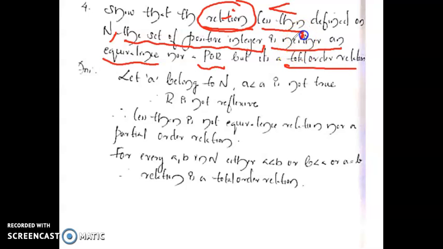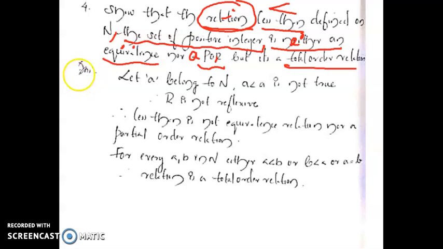We take only the positive integers here. So we have to prove it is not an equivalence and not a partially ordered relation.